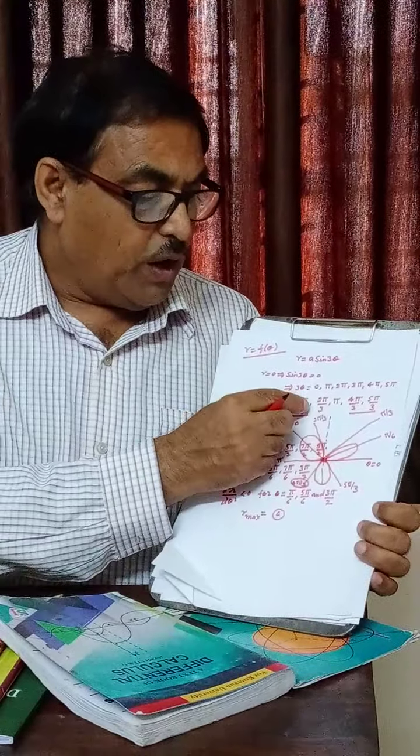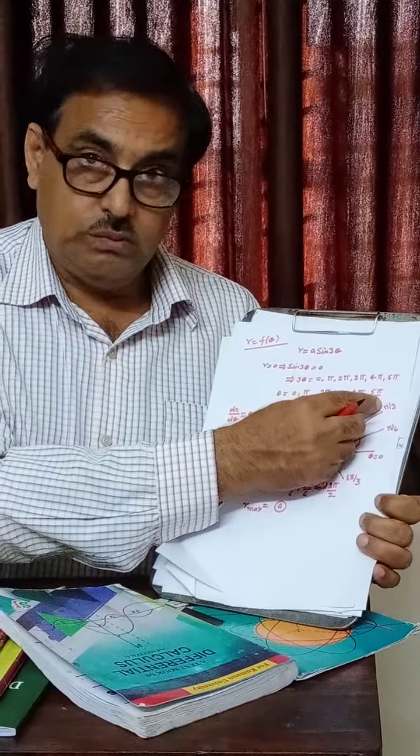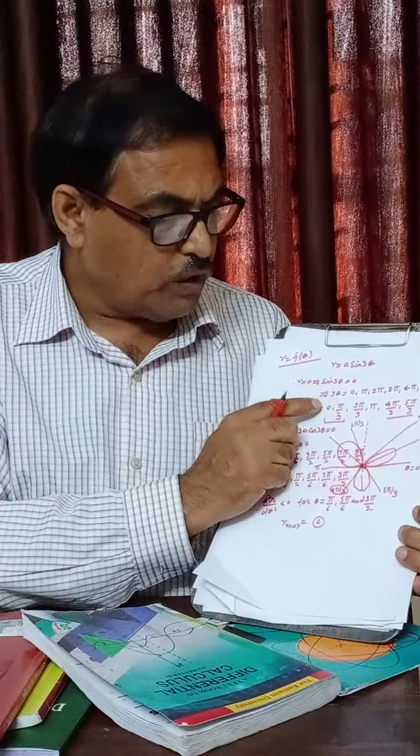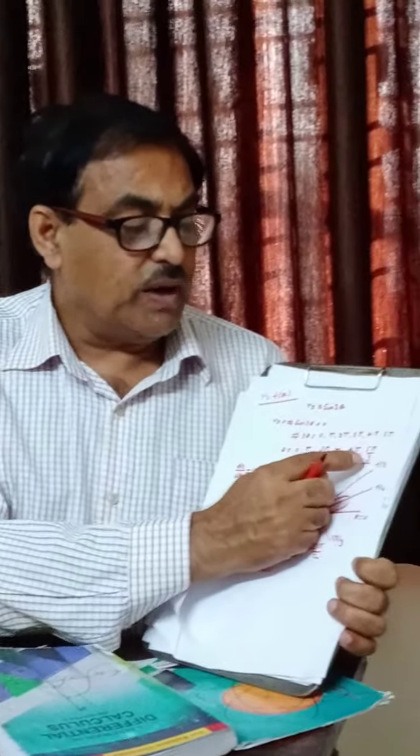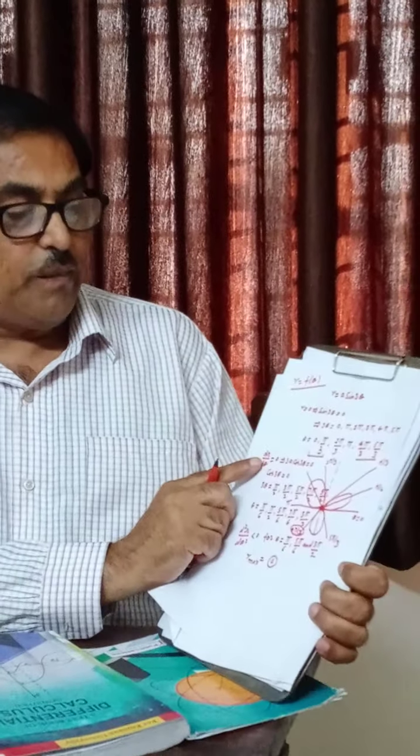So in these consecutive intervals of theta, this curve will form a closed loop. The first loop will be between theta equal to 0 and pi by 3, the second loop between 2 pi by 3 and pi, and the third loop between 4 pi by 3 and 5 pi by 3.